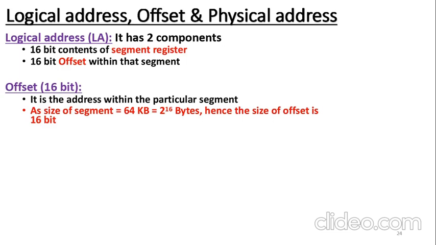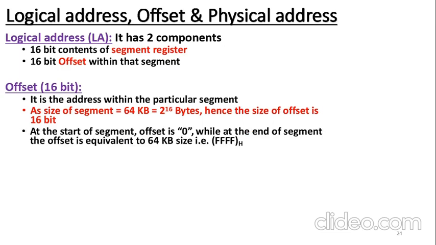So whenever we are thinking of only a 64 kilobyte localized portion of memory, the starting address of that 64 kilobyte will be 0000 hexadecimal, and the last address within that segment will be FFFF hexadecimal. It means that the offset will always be defined using 16 bits. It is the address within that localized portion of a particular segment.